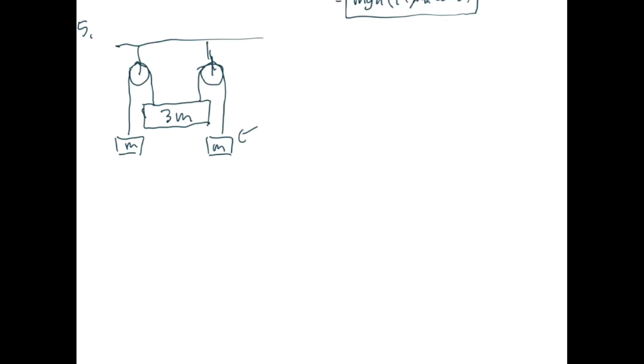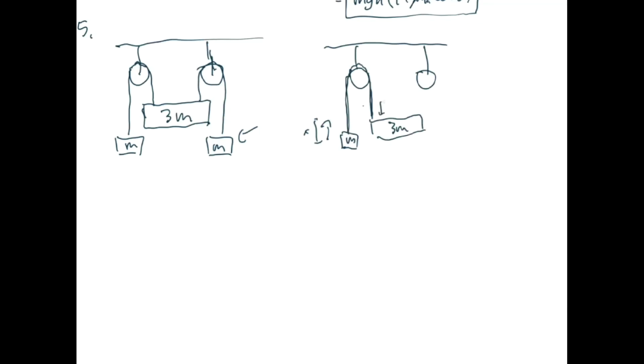So let's first look at the conservation of string concept. The idea behind that is if we have a pulley or pulleys here, and let's say we move our mass up by a distance x. Well, for this string to remain the same length, that means that our mass of 3m must move down by a length of x.